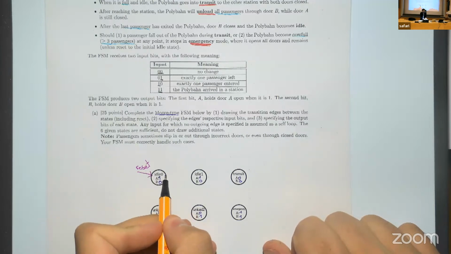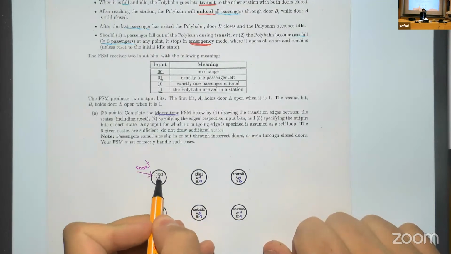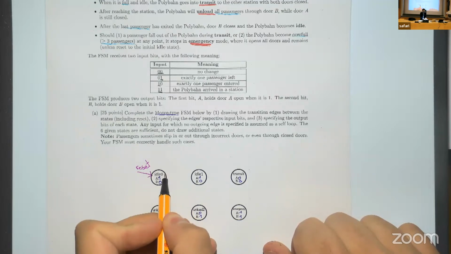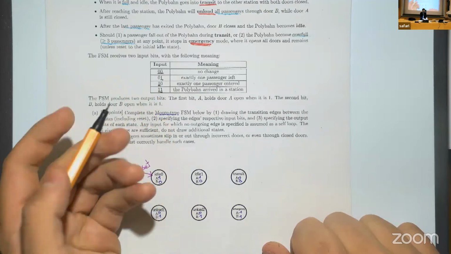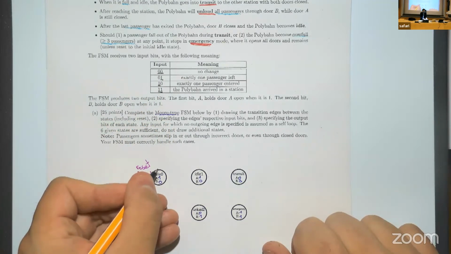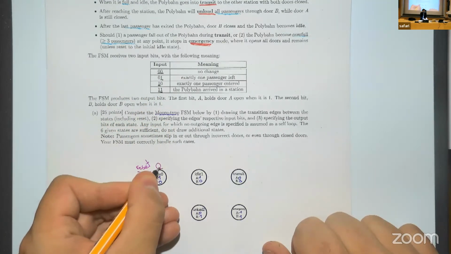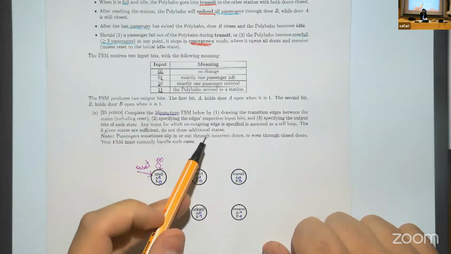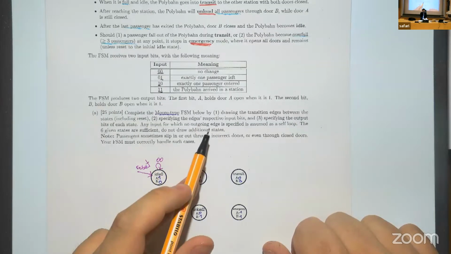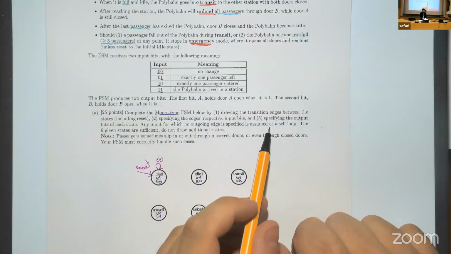Right, so in this case, assuming idle 0 means 0 passengers currently, let's see what happens on input bits 0, 0. There should be no change, so it would usually be a self loop, something like this. But in the question we're saying that any input bit for which no outgoing edge is specified is assumed to be a self loop.